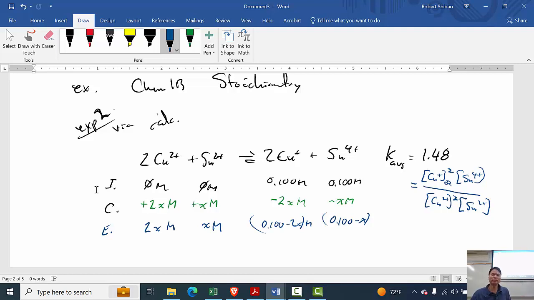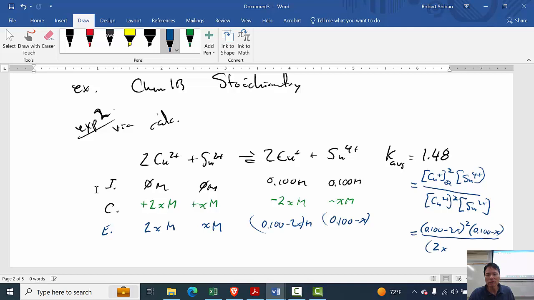And so in order to solve for x here, I need one more equation. And it's going to be this. That means the Cu+ concentration at equilibrium is going to be 0.100 minus 2x. And then I square that. And the Sn4+ concentration at equilibrium is going to be 0.100 minus x. So I'm just substituting these concentrations into this equation, so I might be able to solve it.